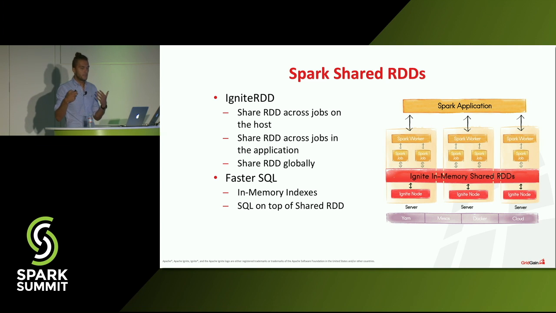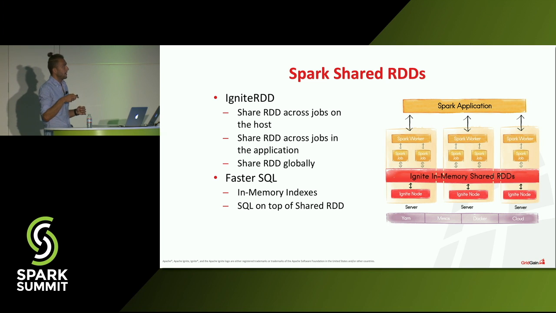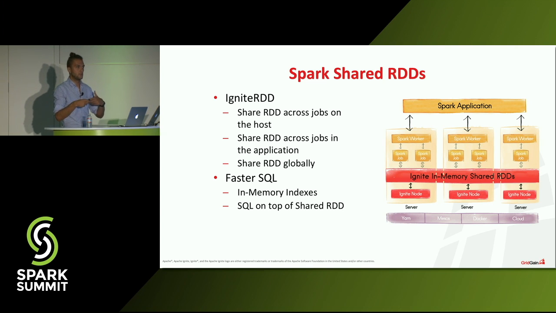It's mutable because Ignite shared RDD is just a wrapper and an advanced API on top of your Apache Ignite cluster. The good thing is that we don't need to copy all the data from Ignite to Spark all the time if you use our shared RDDs.